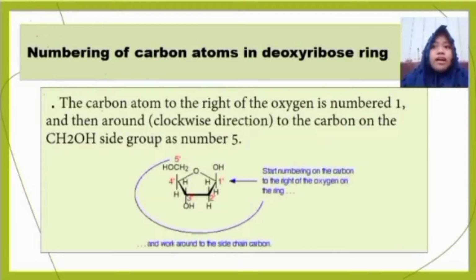Numbering of carbon atoms in the deoxyribose ring. The carbon atom to the right of the oxygen is numbered 1, and then you go around in a clockwise direction to the carbon on the side group, which is number 5. In the picture below, it says to start numbering on the carbon to the right of the oxygen on the ring and work around to the side chain carbon.